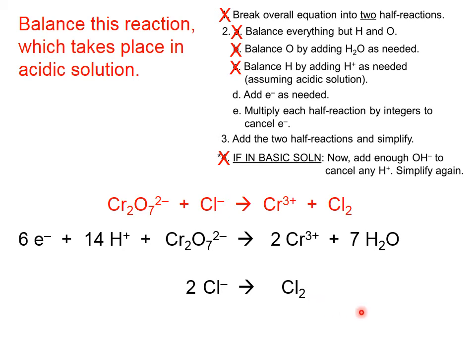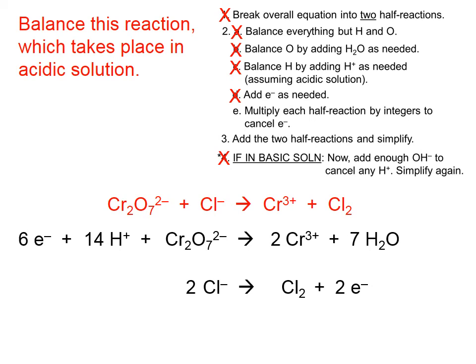I'm expecting to put electrons over here, and if that's not the case, we've messed up and we need to start over. I think what we're going to find here is 2 minus is the net charge on the left, 0 is the net charge there, so sure enough, we need a couple of electrons on that side in order to make the charges balance. So step 2d is now done.